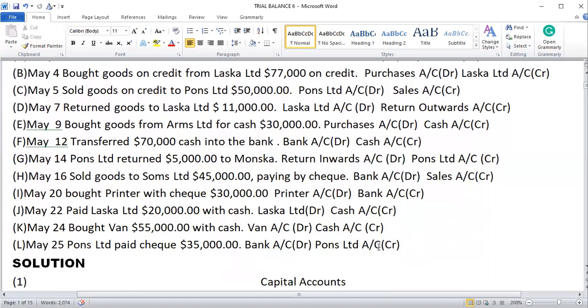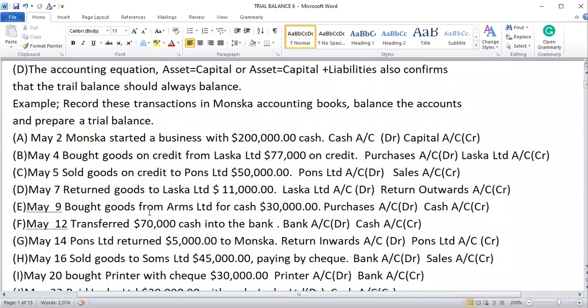So let us look at the ledgers. We won't go through all, but we'll just go through some of the examples. For example, this one, May 2nd, Moscow started a business with $200,000 cash. So the effect is what?